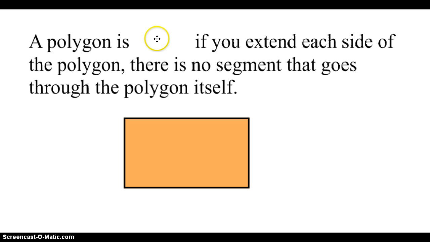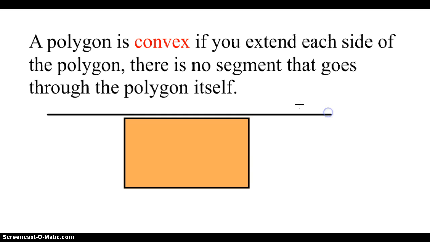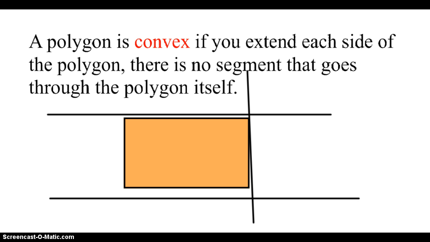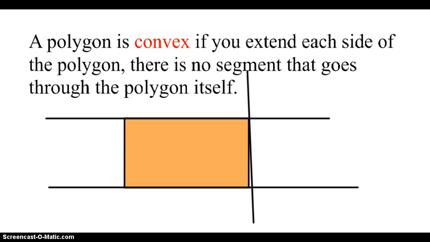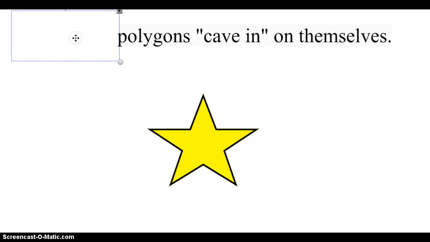A polygon is considered convex if you extend each side of the polygon and there's no segment that goes through itself. What that means is if I draw a line here, this line tracing the sides of this never goes into the interior of the polygon. That's what a convex polygon is. If the polygon is concave, it caves in on itself.